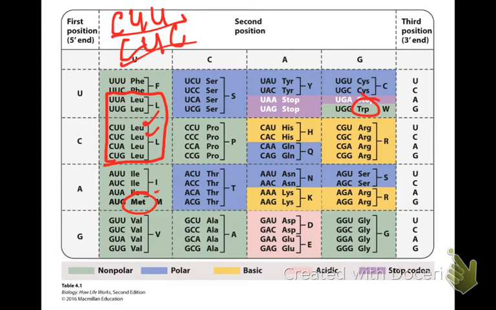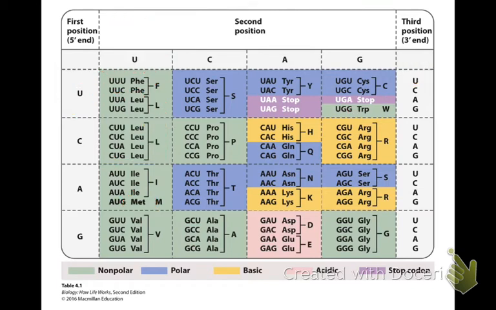If I say, what is the amino acid that UUU codes for, then you find the first base, second base, third base. Here's UU, so it's phenylalanine. The other thing I want to point out to you is these right here, UAA, UAG, and UGA, and you do need to know these. You need to know AUG, and you need to know the stop codons.